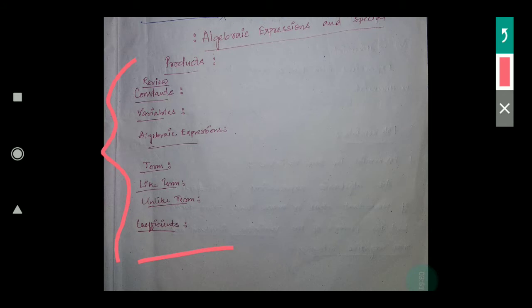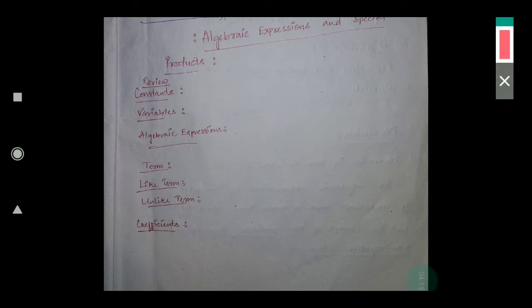You can use the books, or class 7 notes, whatever your choice, but all the definitions should be in your copy.